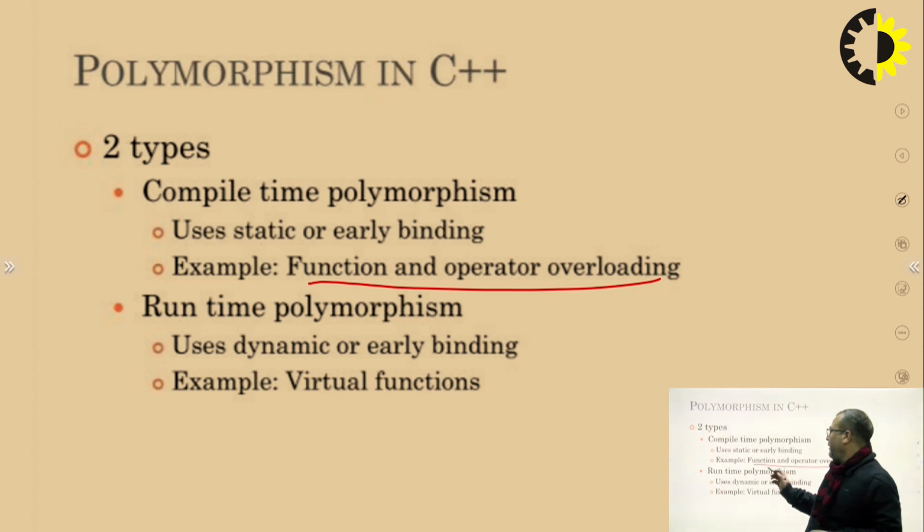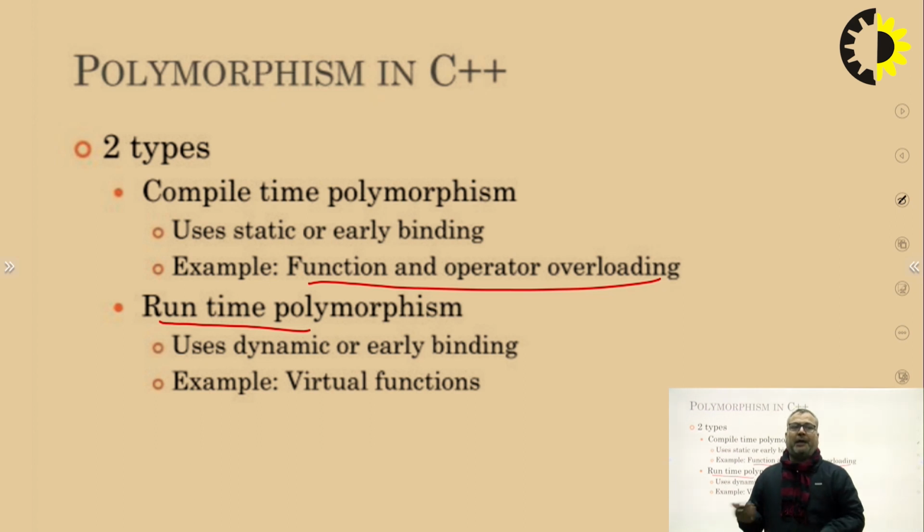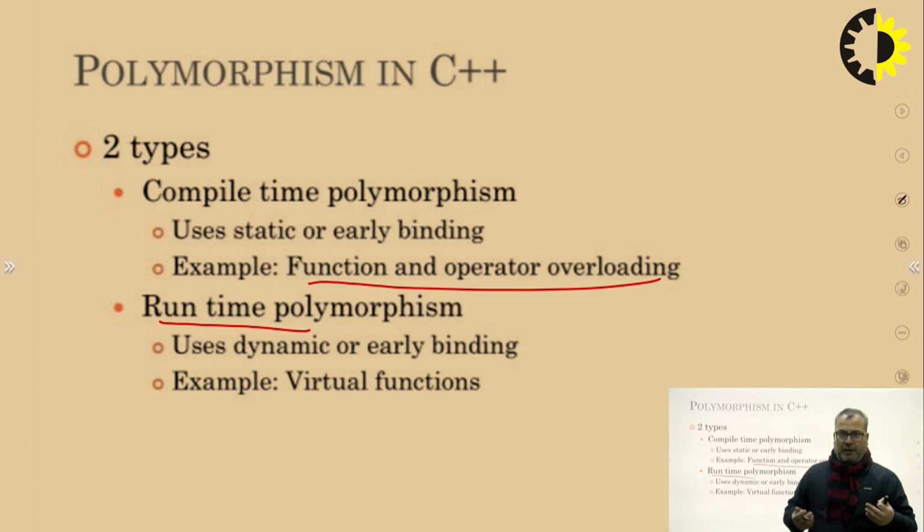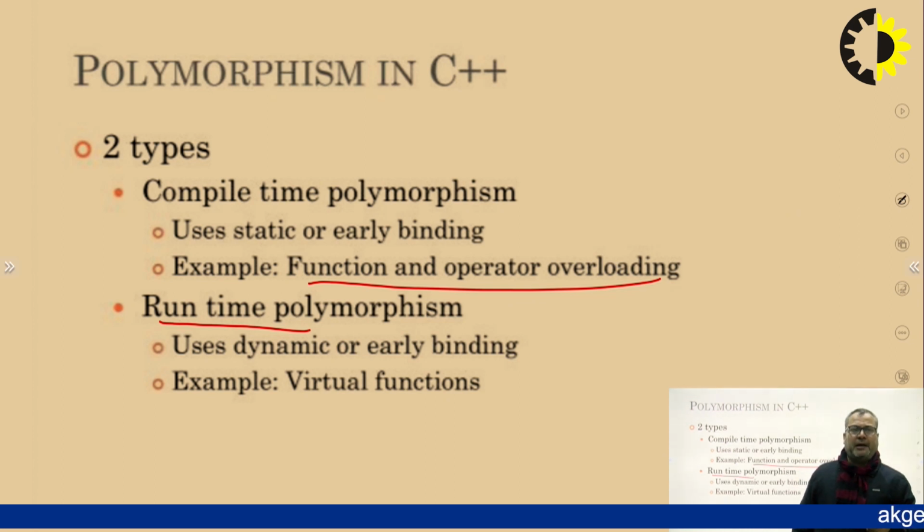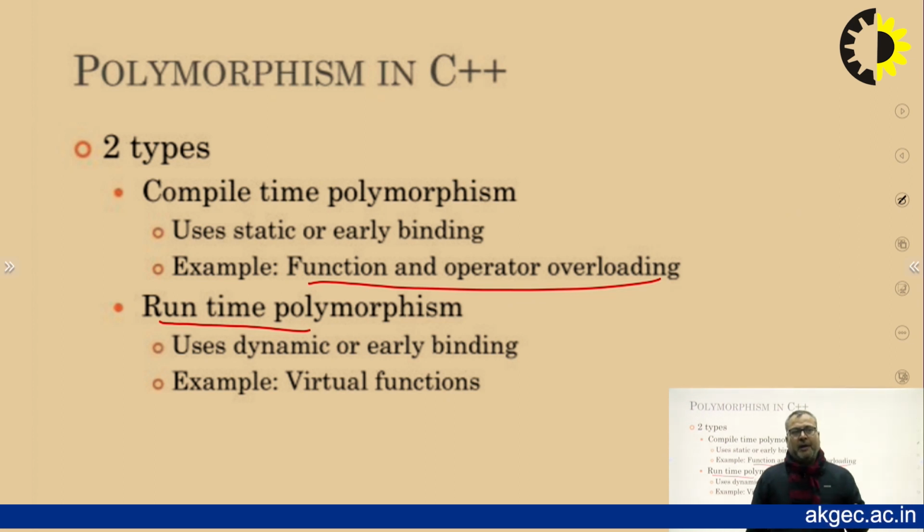As the name suggests, runtime means at the time of running, but this is not achieved automatically. To achieve runtime polymorphism, we would have to write some code, we would have to write virtual functions and all that. Then and only then could runtime polymorphism be achieved.